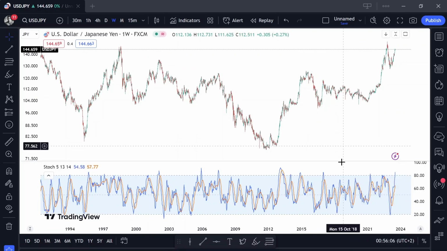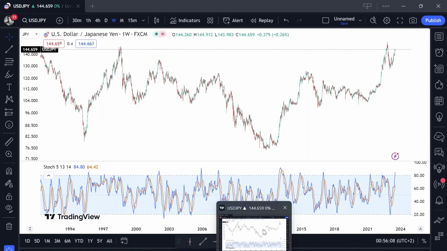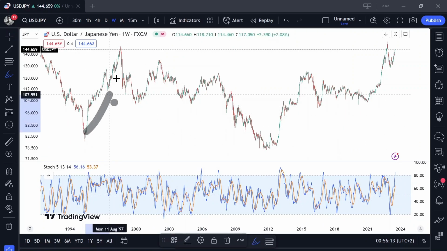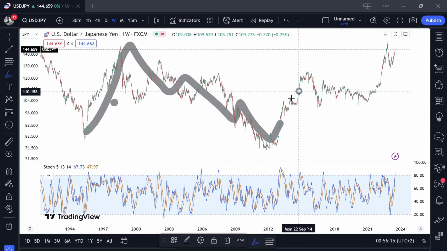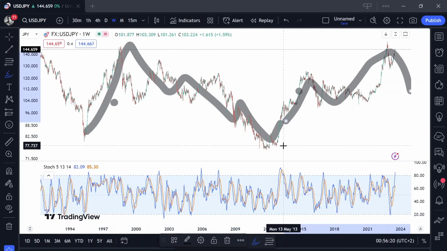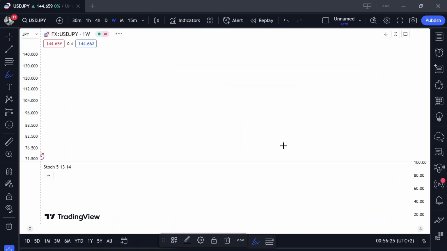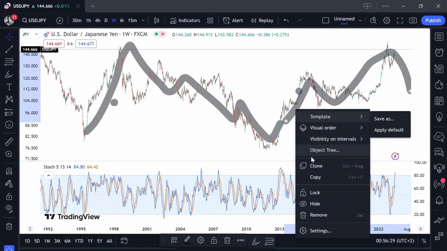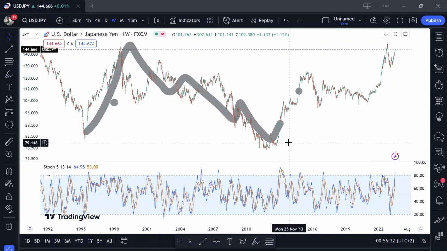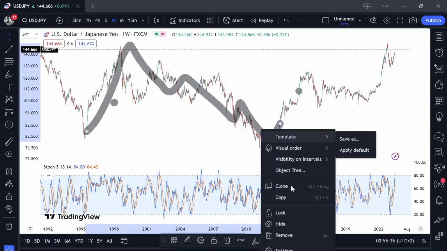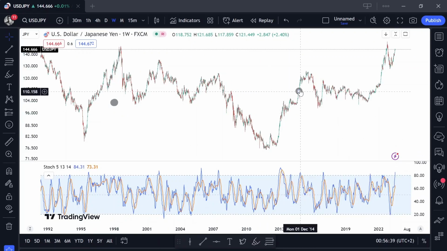Let me remove this. Then you have to look at the market structure. If you look at your market structure here, you can see that also from 1995, this thing is consolidating, it's in a range. That's a fact. After you do this, your next step is to look also at the stochastic.